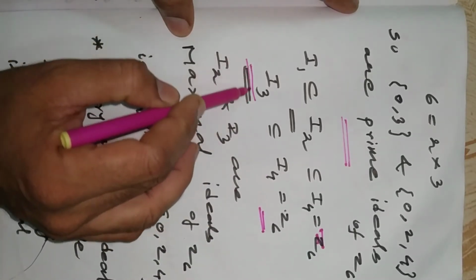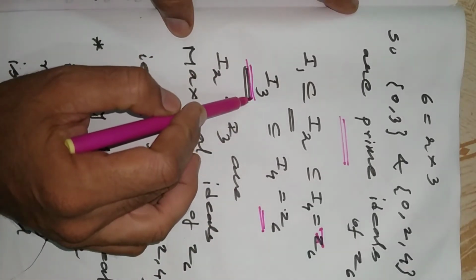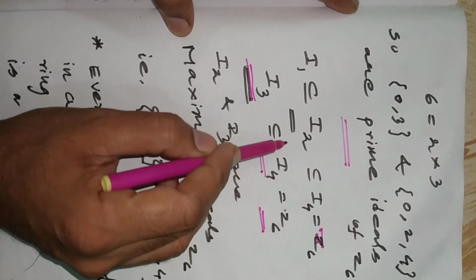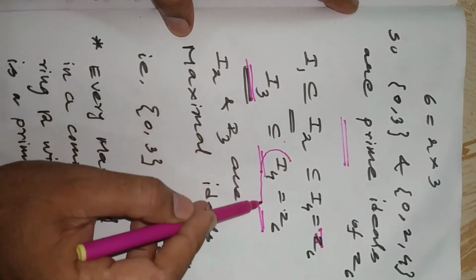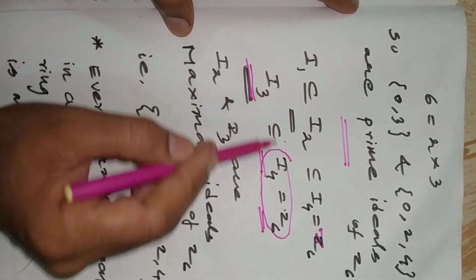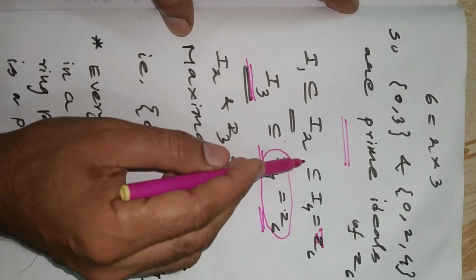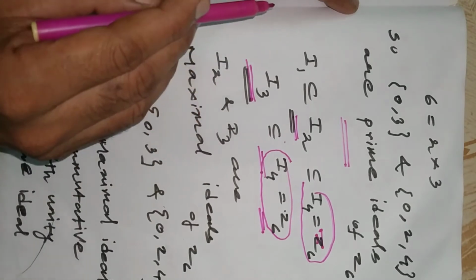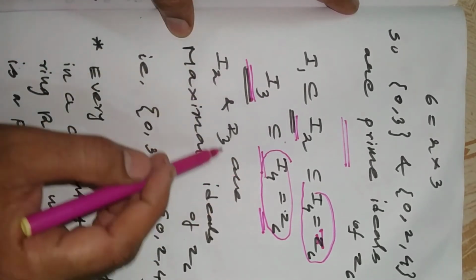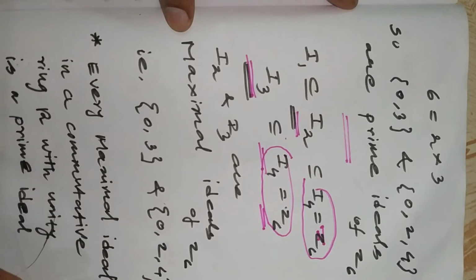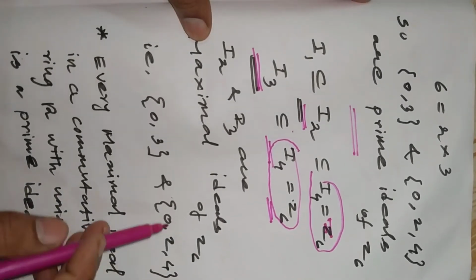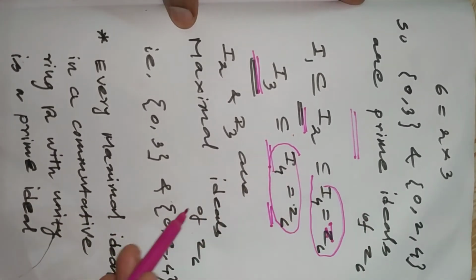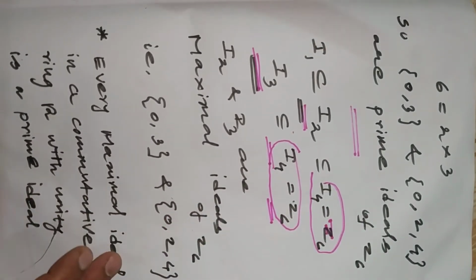So the maximal ideal is I3, and the next maximal ideal is I2. So I2 and I3 are maximal ideals of Z6, that is 0, 3 and 0, 2, 4. Both are prime ideals and maximal ideals.